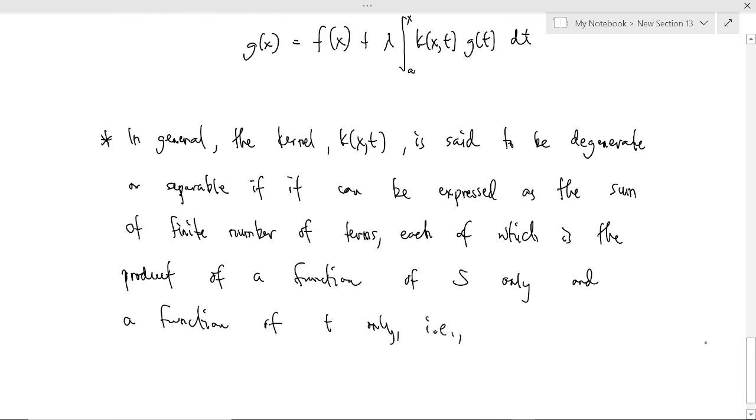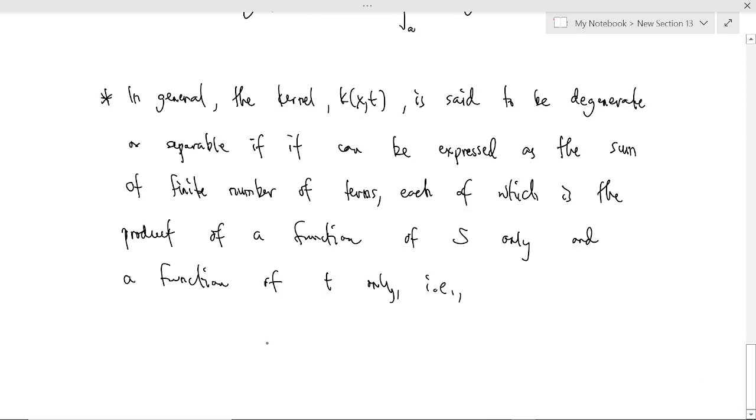So mathematically, we can write this statement as the kernel k as a function of x and t is equal to the sum of alpha_i(x) beta_i(t), summation from i equals 1 to n.